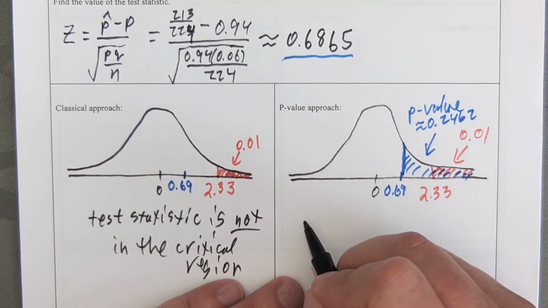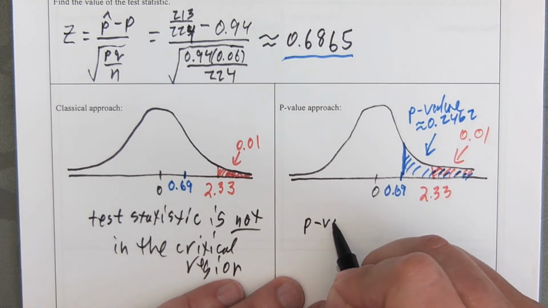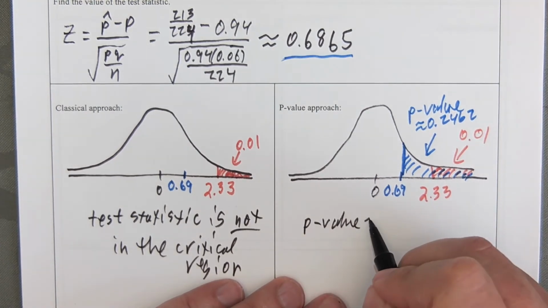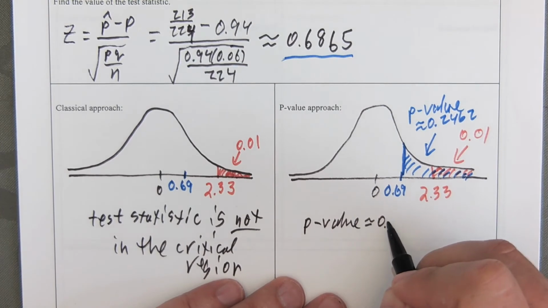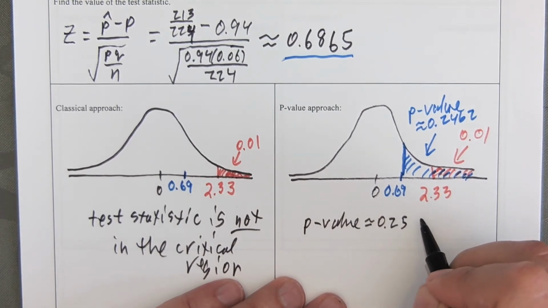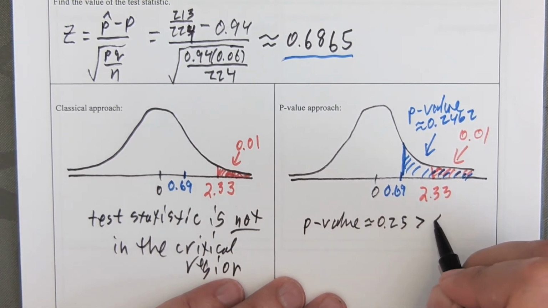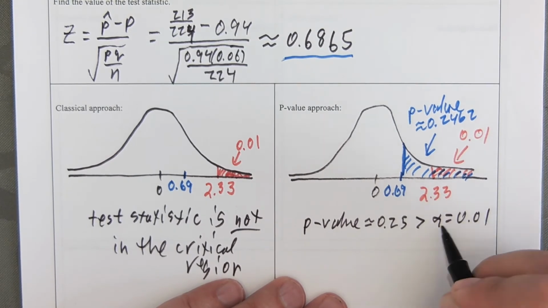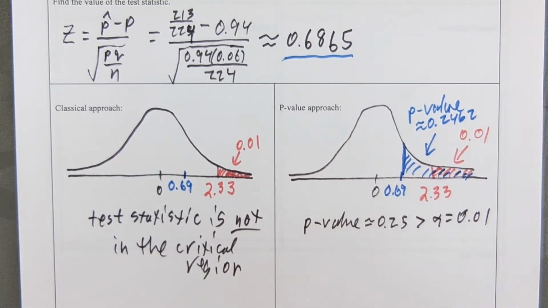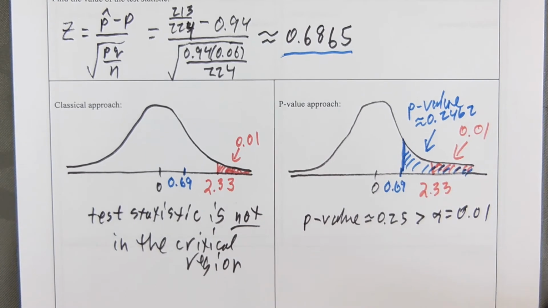And here we would say that the p-value, which is about 0.25, is definitely bigger than our alpha, which is 0.01. So either way, you can see that our conclusion is going to be fail to reject the null hypothesis.